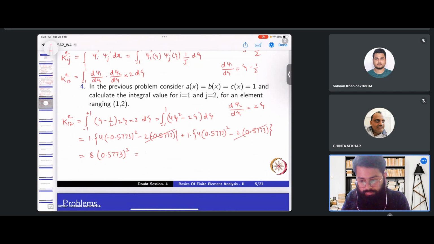So we get the value 2.666. That would be the value of this integral here.